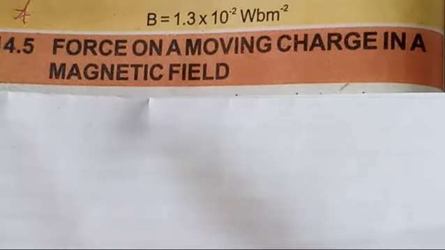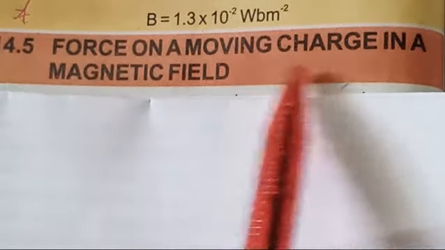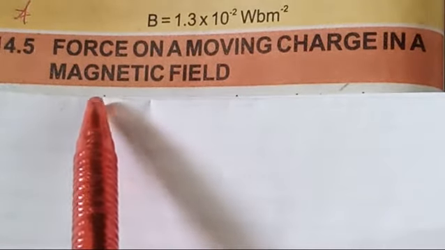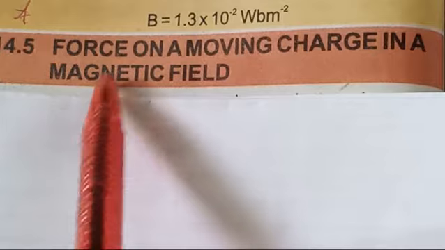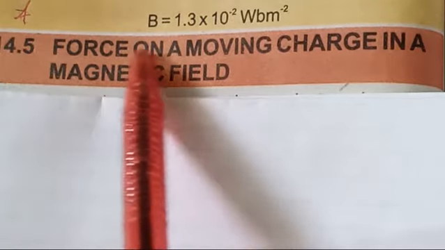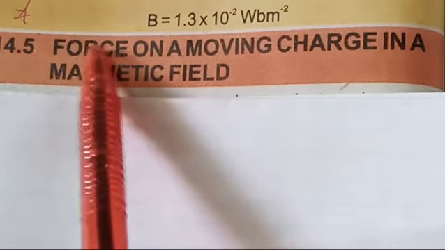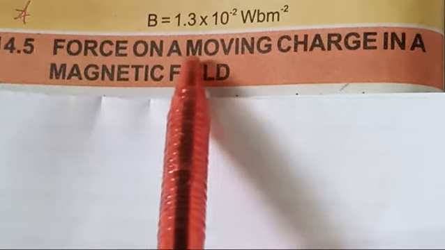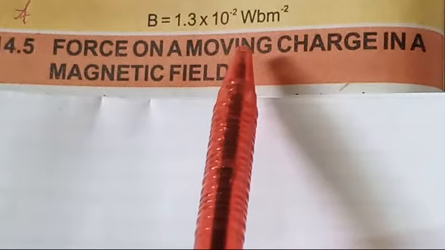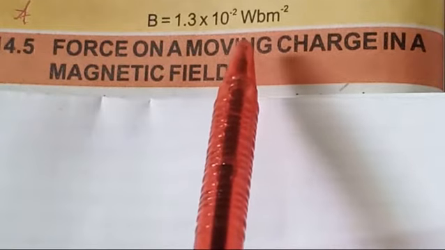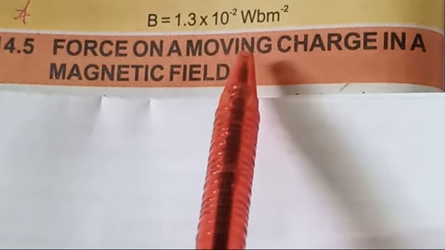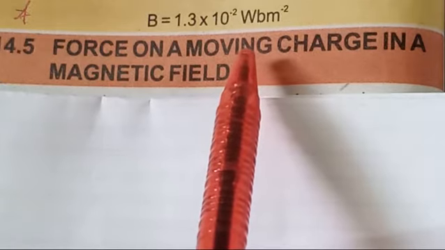Force on a moving charge in a magnetic field. So in this topic, first of all, try to understand the topic title. We are going to study the force that is produced on a moving charge. What is the meaning of charge moving? When charge moves, it is known as current.